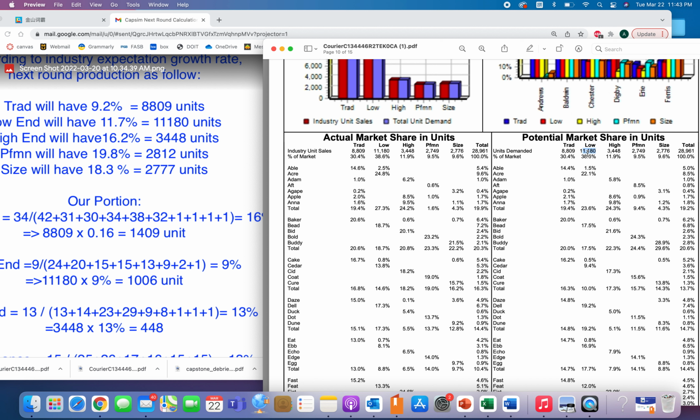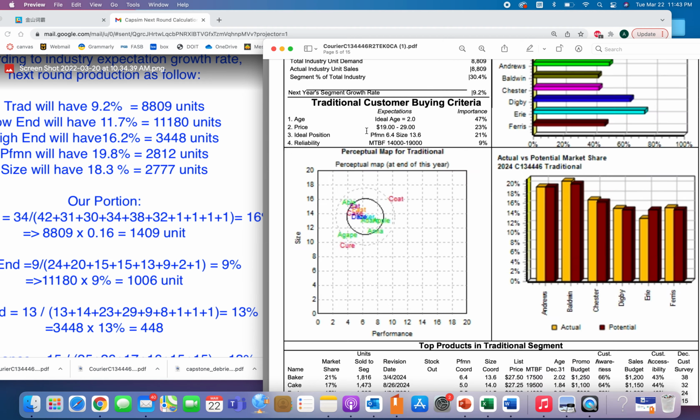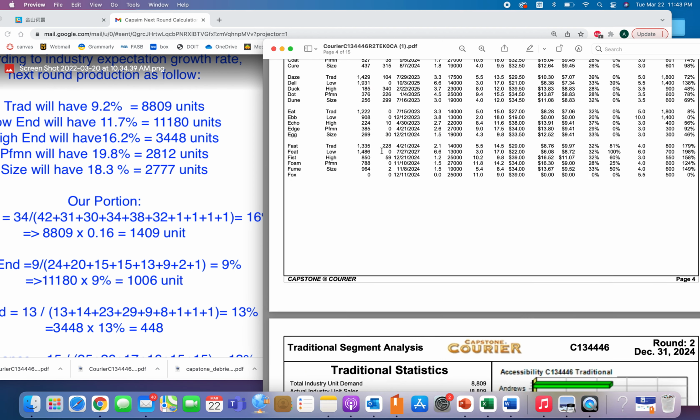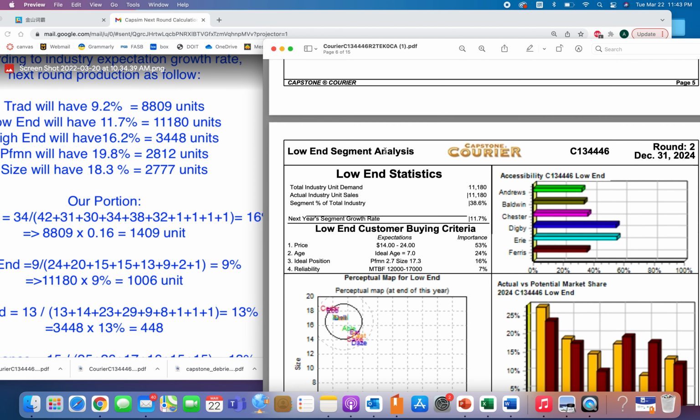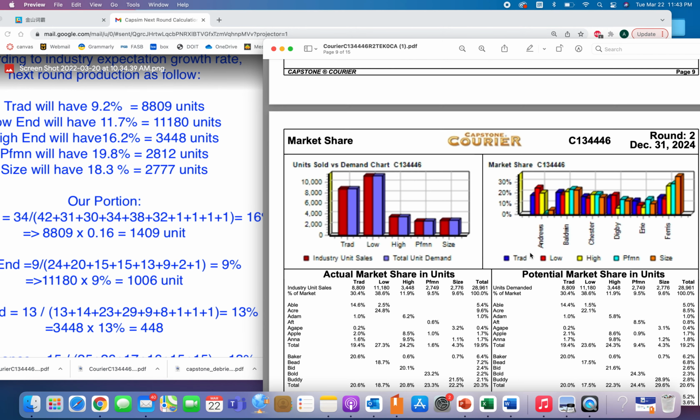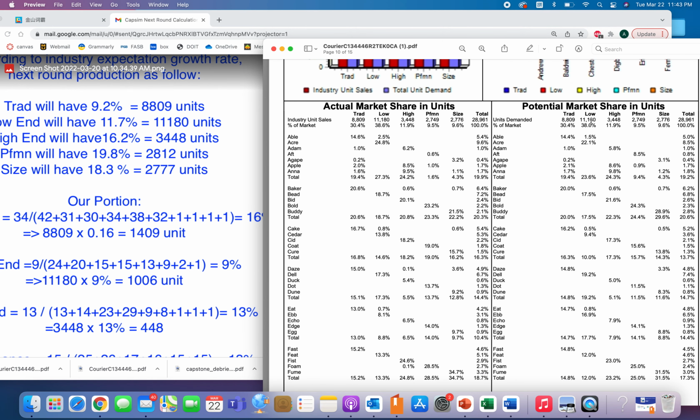So it's going to be 1,500 products. And there's 17% for the low end. The low end industry is increasing at 11%. So that is another 10 plus 10, it's going to be 12,000, and then we share 17% of it.